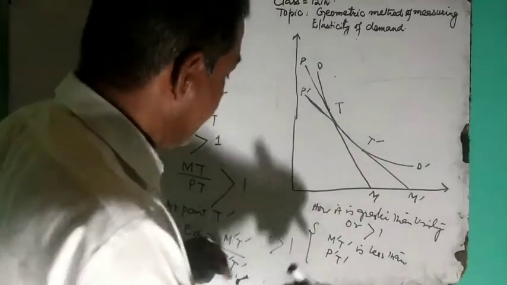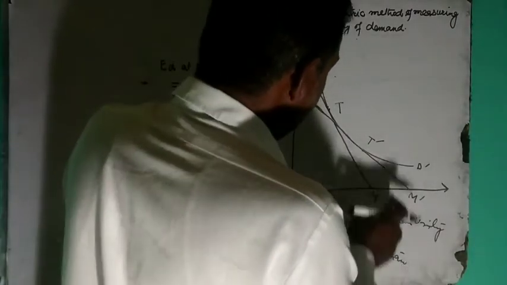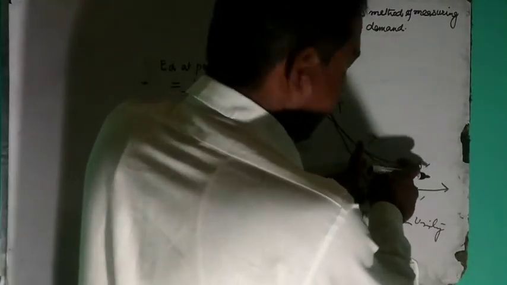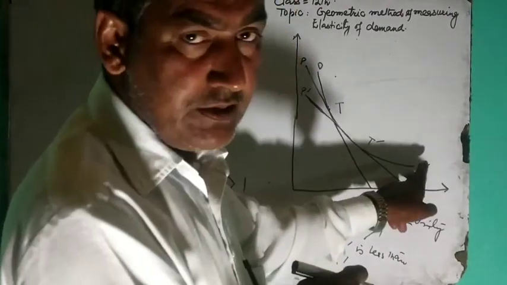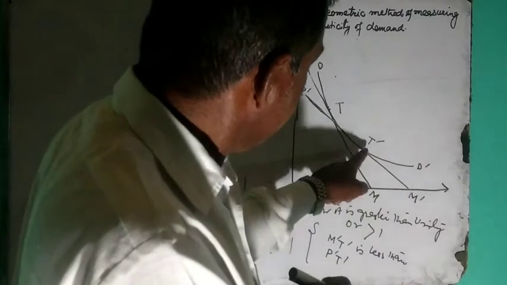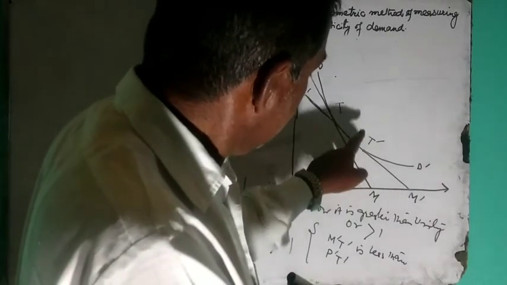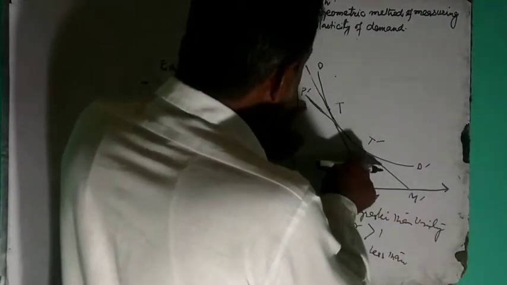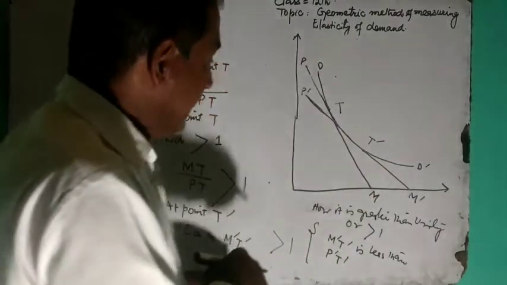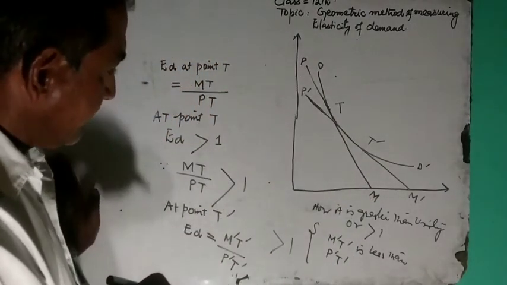Therefore, at the lower part of the demand curve, the distance from the point of tangency is less as compared to the other part, that is P dash T dash.